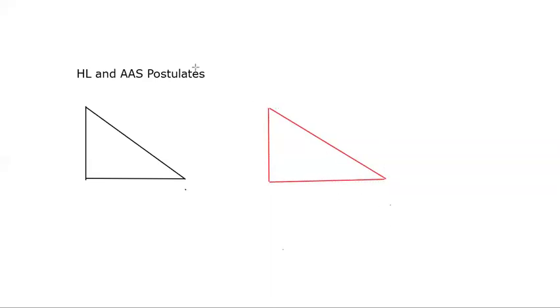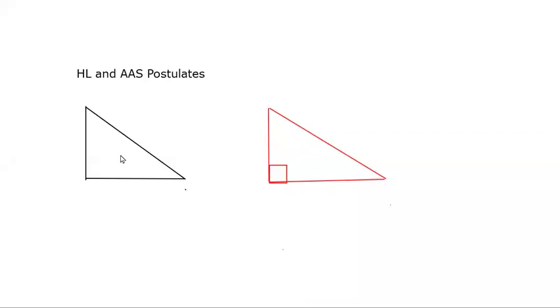For instance, hypotenuse leg would look something like this. There's our two right triangles. Remember, it has to be right when we're talking about the hypotenuse leg theorem.